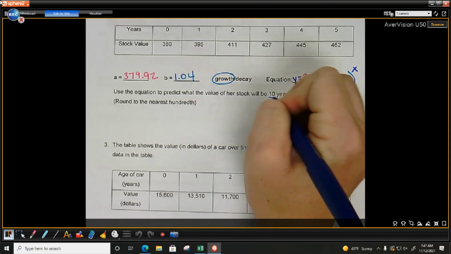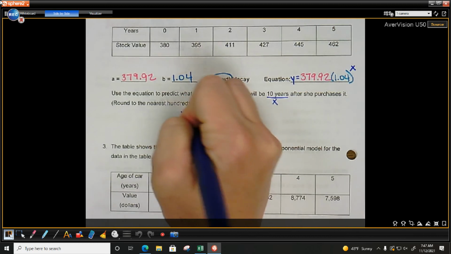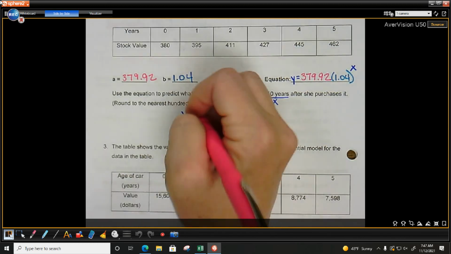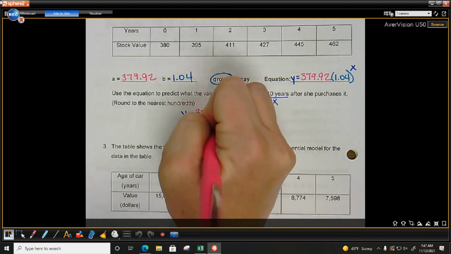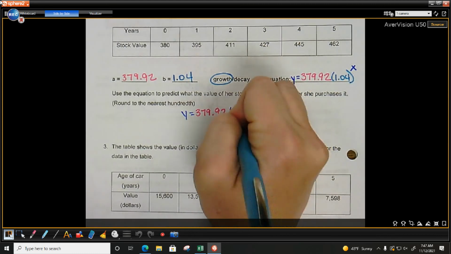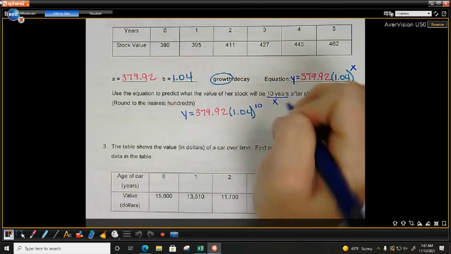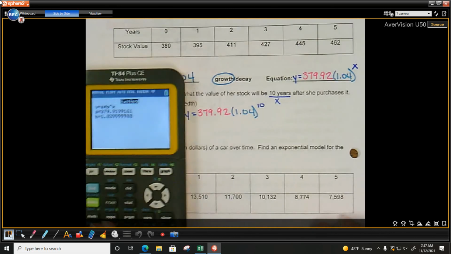So 10 is your what? Your x. So write your equation. Y equals 379.92 times 1.04 raised to the 10th power. And then you put that in your calculator.